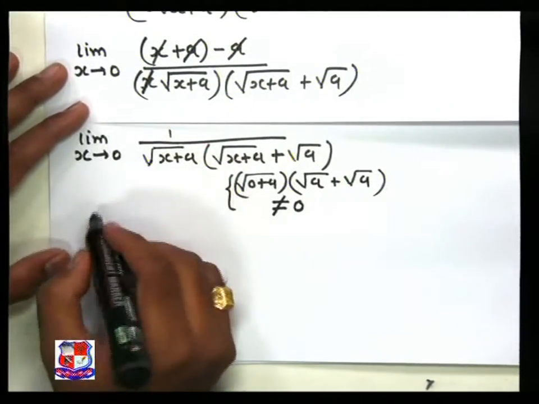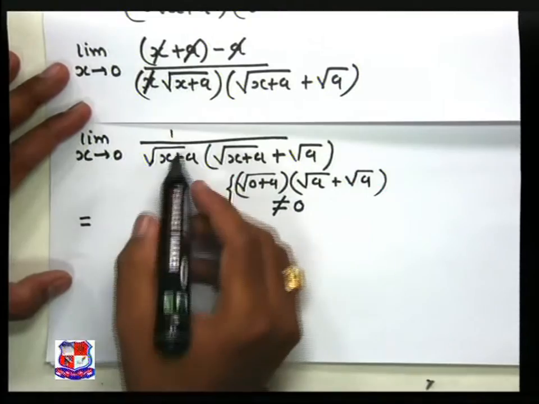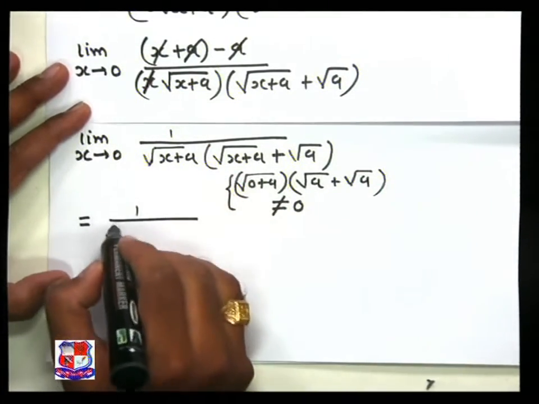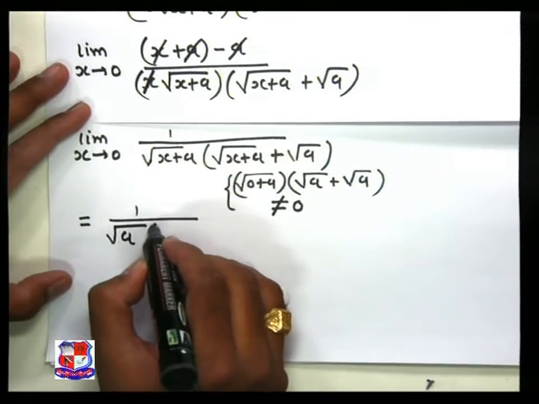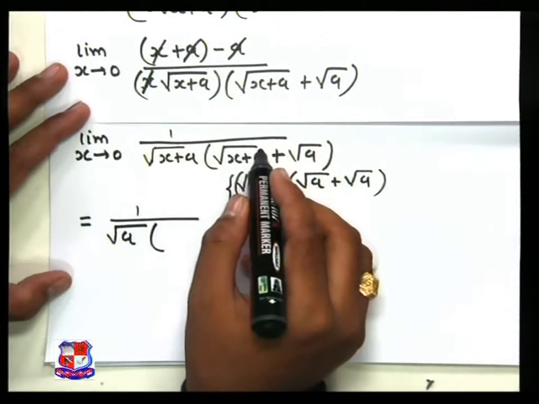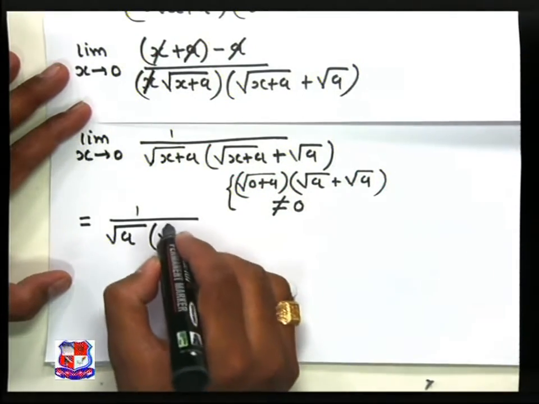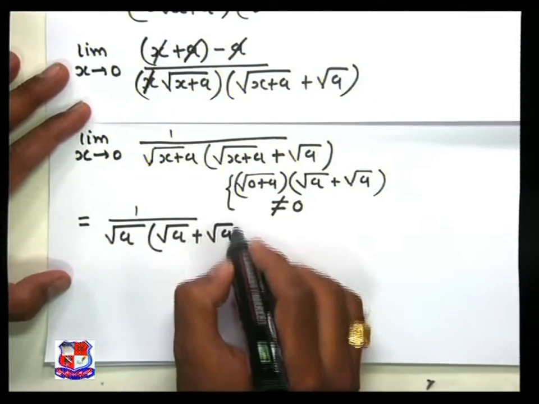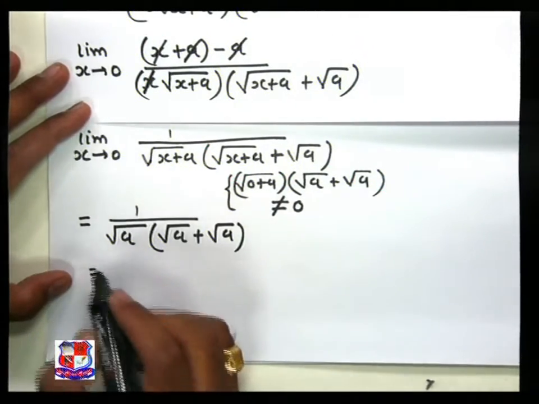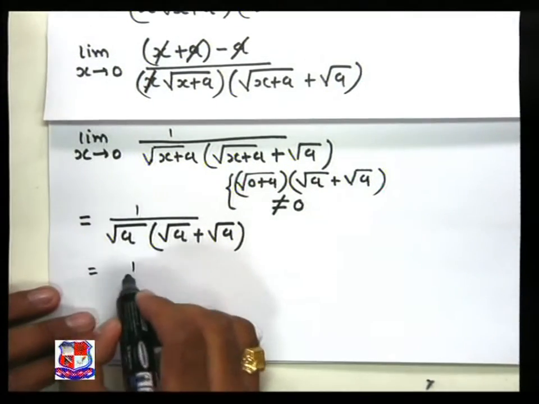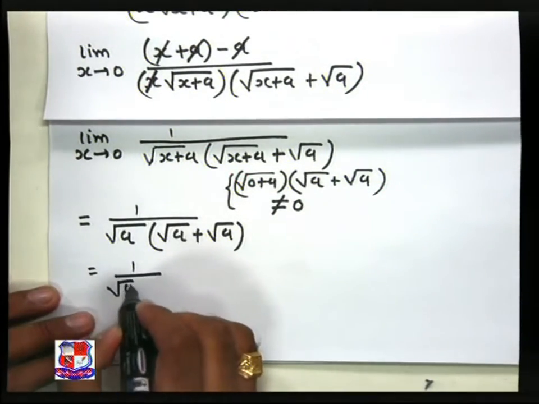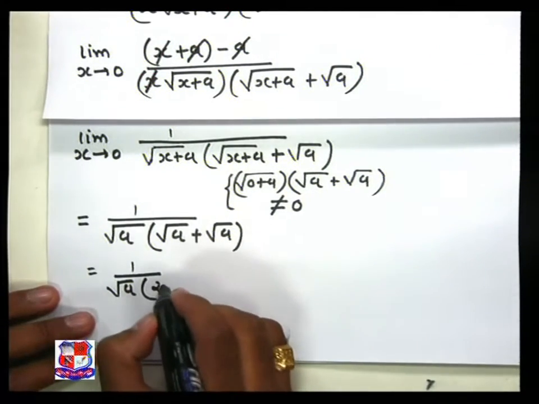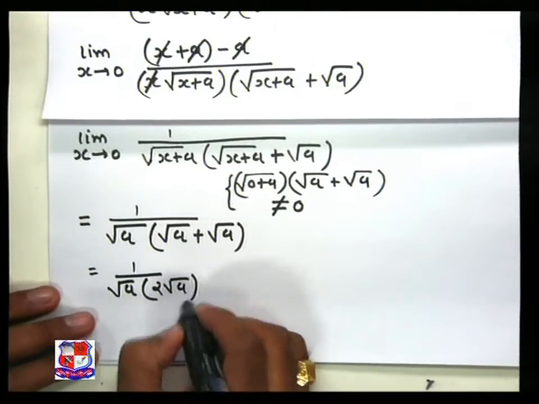If you replace the limit, then here the numerator is equal to 1. If we replace x by 0, then the only remaining term is a, and under root of x plus a is only under root of a, plus, as it is, under root of a. Now we simplify it: 1 upon under root of a, and under root of a plus under root of a gives 2 under root of a.